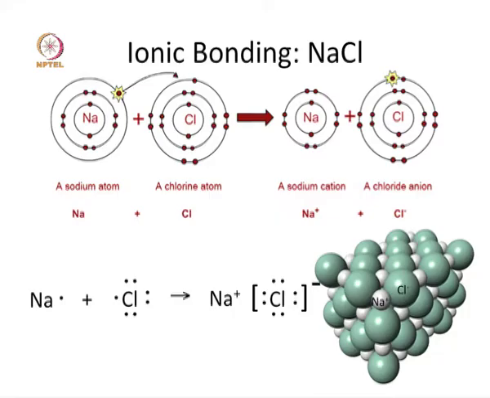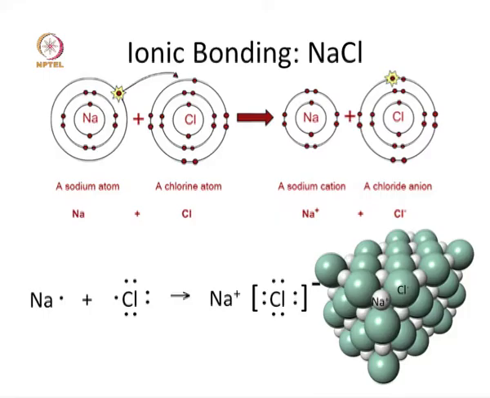So, here we have an atom of sodium with 1 electron in the outer shell, chlorine has 7 electrons in the outer shell, and to be stable each of these atoms has to reach the octet configuration.